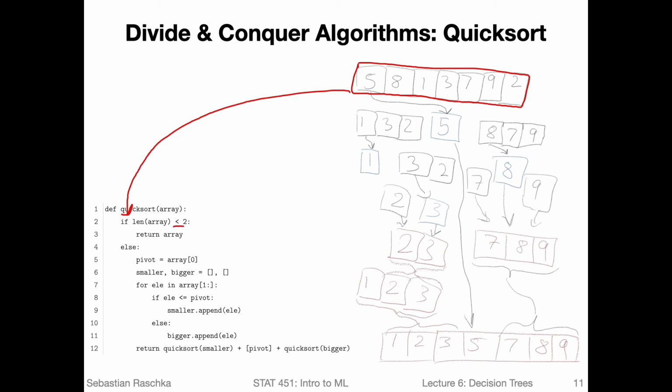It's not smaller than 2, so we directly go to the else, and then we assign the pivot. In this implementation of quicksort, the first element is assigned as the pivot. So we have the pivot here. Let me draw this here. So this is our pivot.